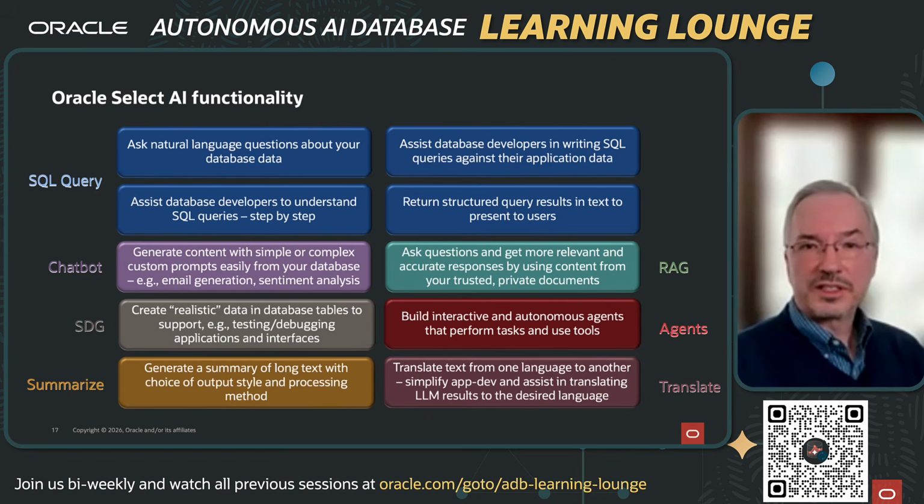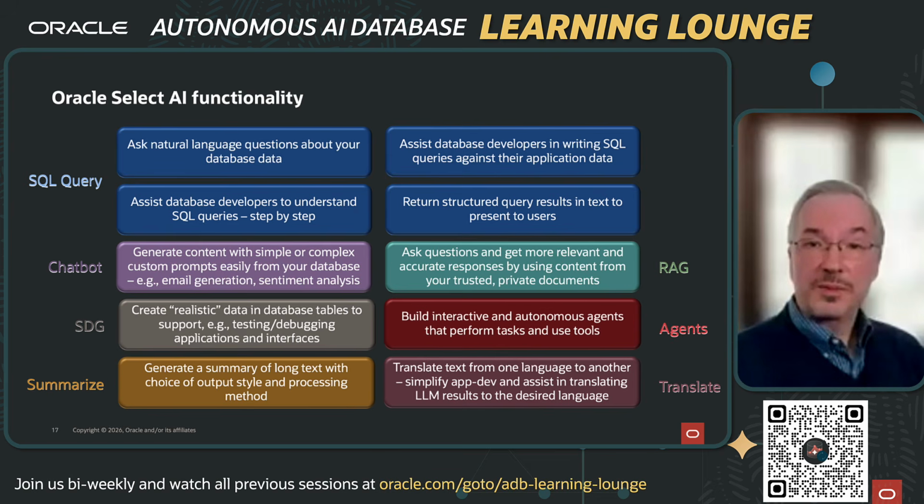Select AI supports natural language to SQL to easily generate, run, and explain SQL queries from text prompts, making data extraction and insights more accessible to more users. Now, you can also engage with LLMs for chatbot-like behavior. Simply enter your prompt, whether it's to answer questions, generate custom emails or code, or extract sentiment.